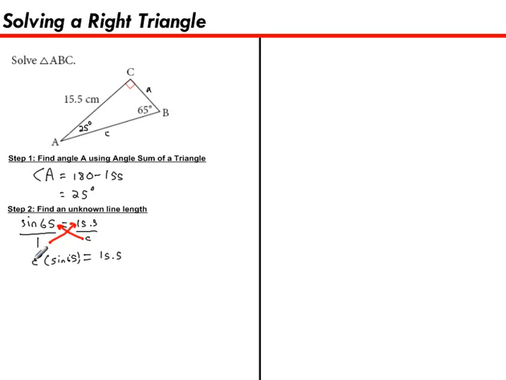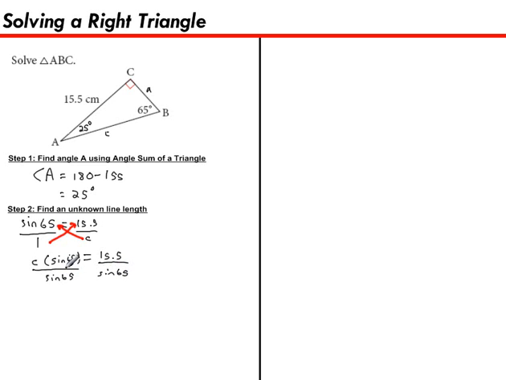Okay, and now I need to isolate for c. It's multiplying something, so the opposite of multiplication is division. So I'm going to divide both sides by sine 65, and that will leave c all by itself. c is equal to 15.5 divided by sine 65.